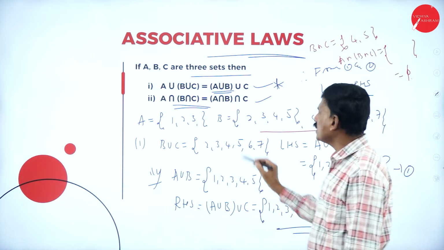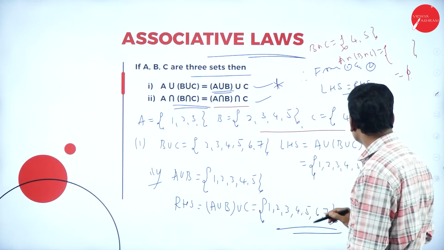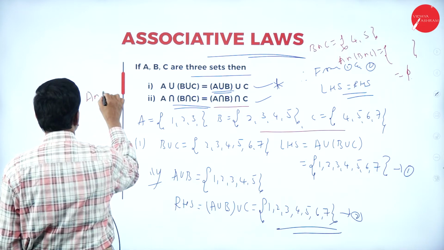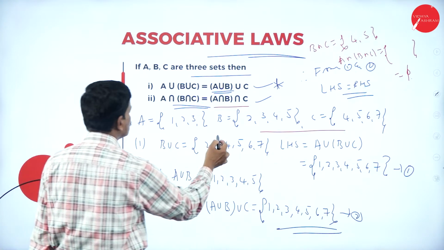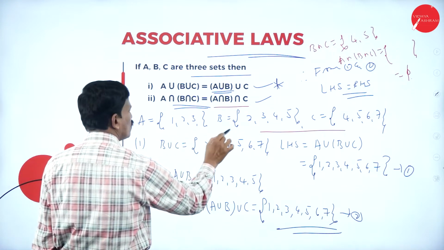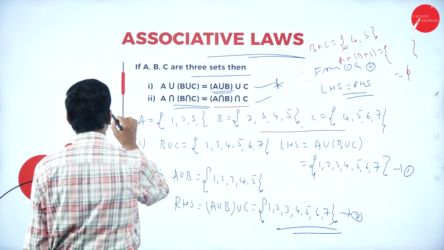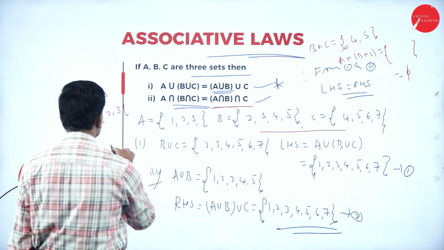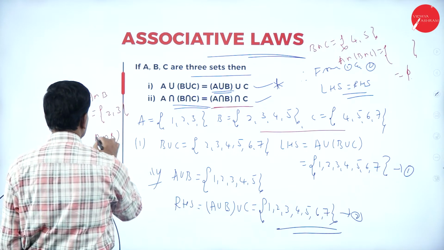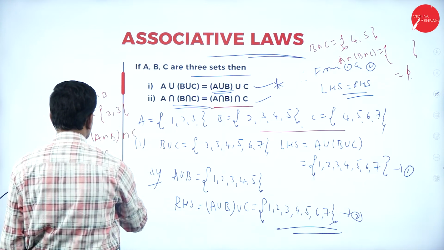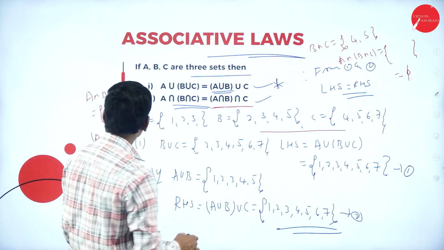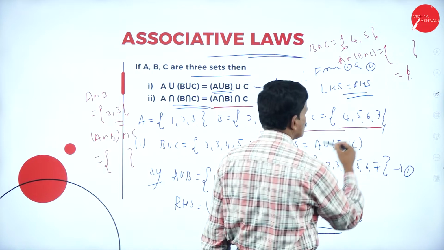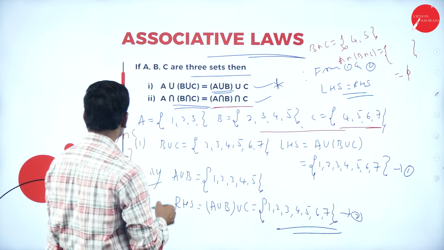Now, similarly, on the other hand, find out A intersection B. The elements which are common in A and B are 2 and 3. Then, the right hand side: (A intersection B) intersection C. The elements common in A intersection B, which is {2, 3}, and C. C contains 4, 5, 6, 7 and A intersection B contains 2, 3.